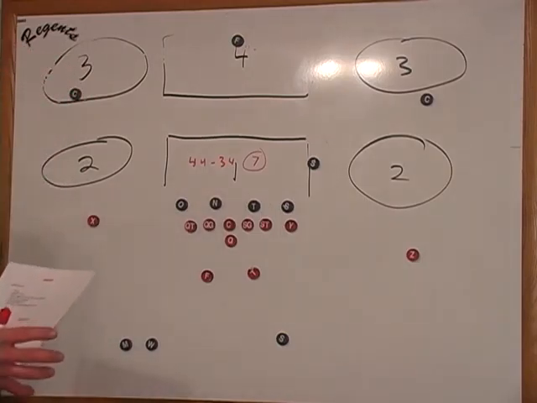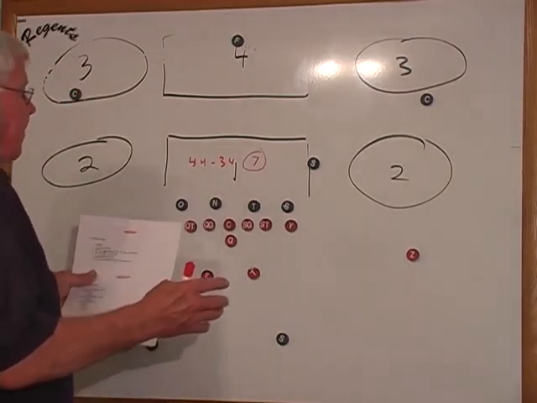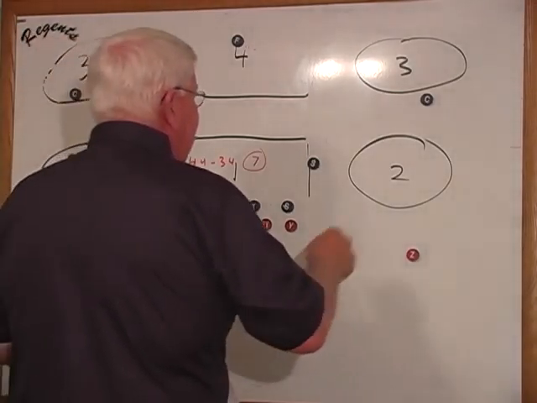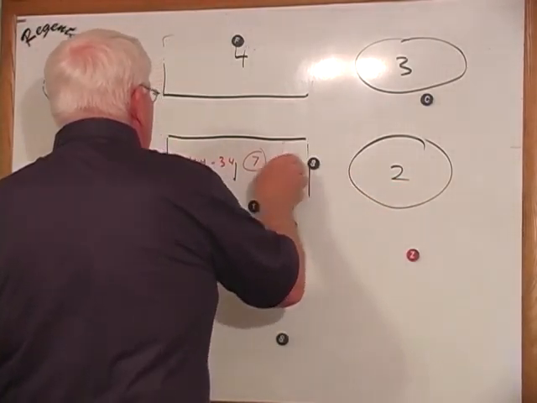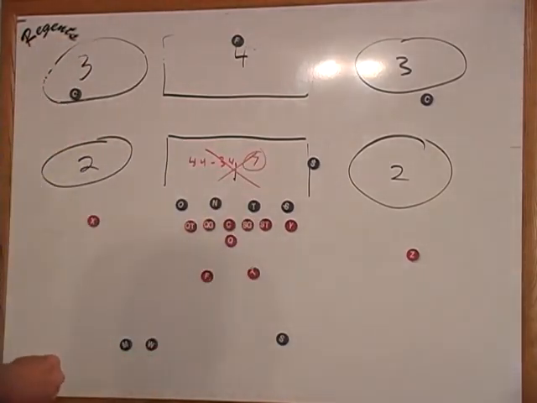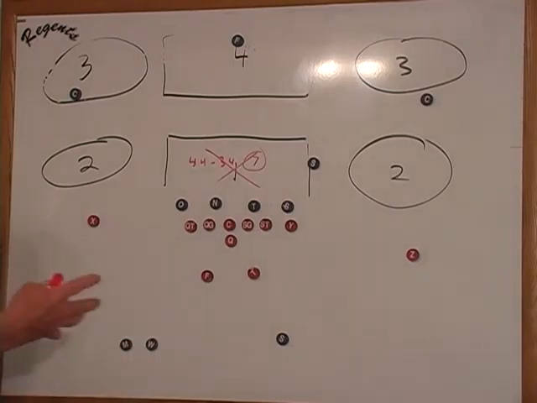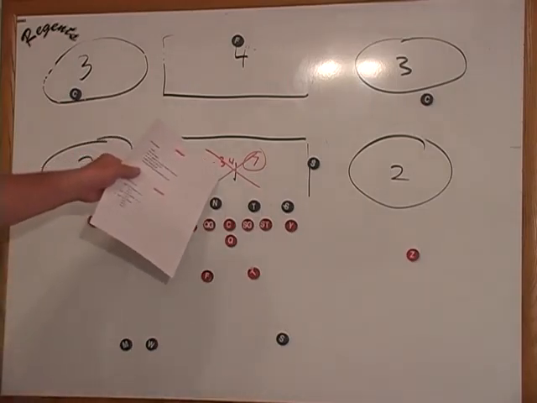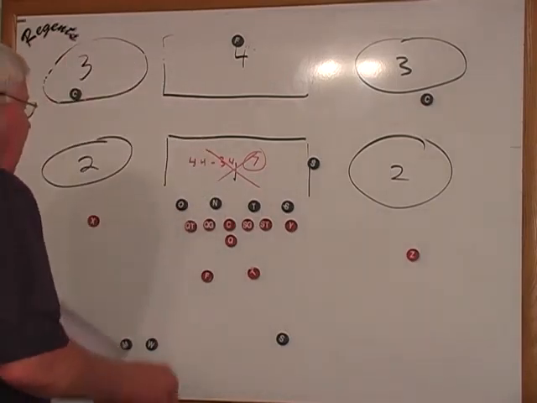And if we're attacking area 2, we really don't care what they're doing in here in area 1. We don't care if they're stunting or if they've got the line slid strong or slid weak, or if they've got an 8-man front in here or whatever.